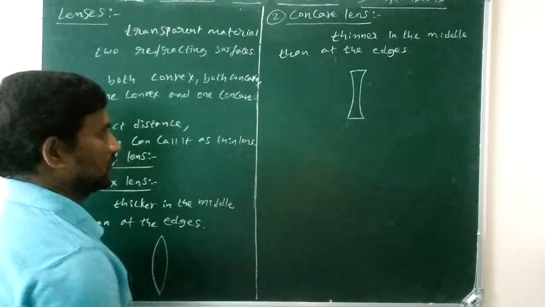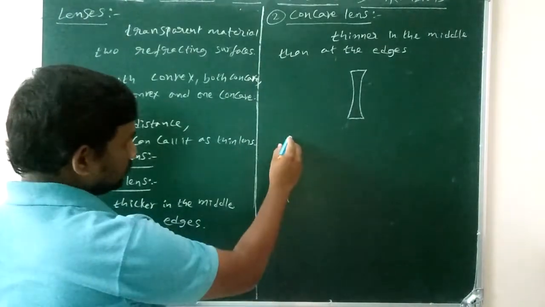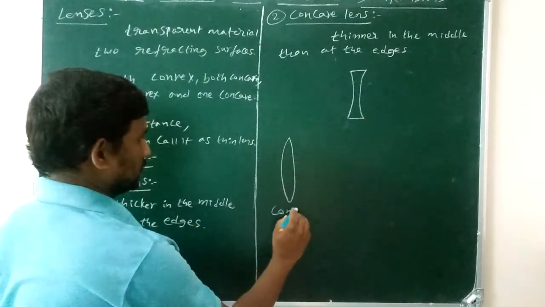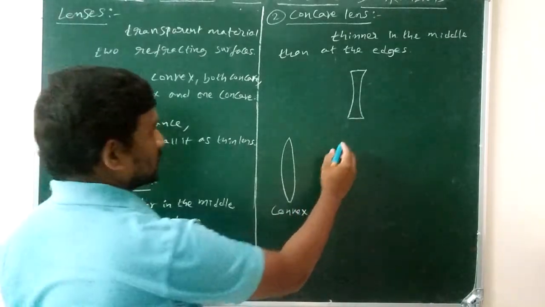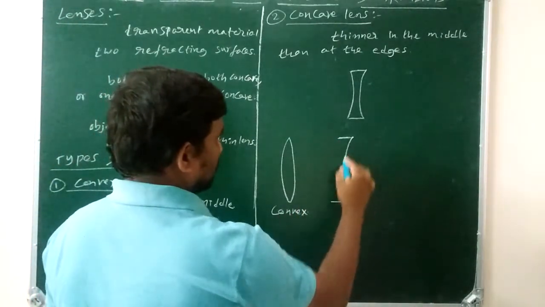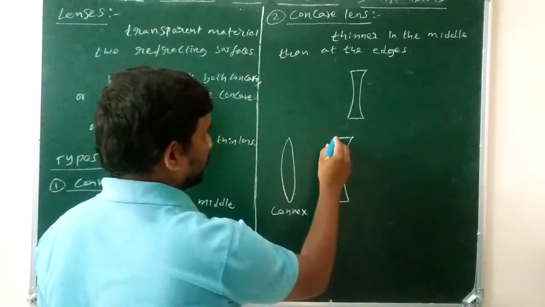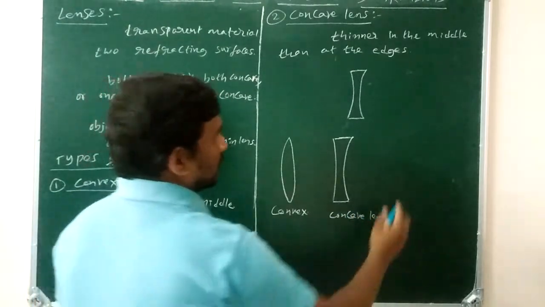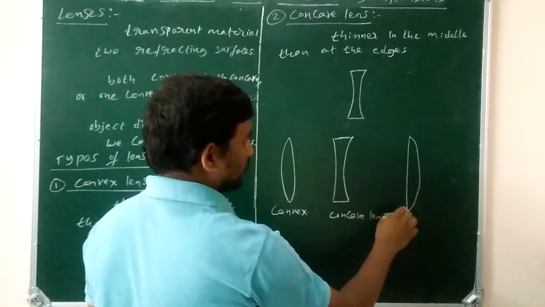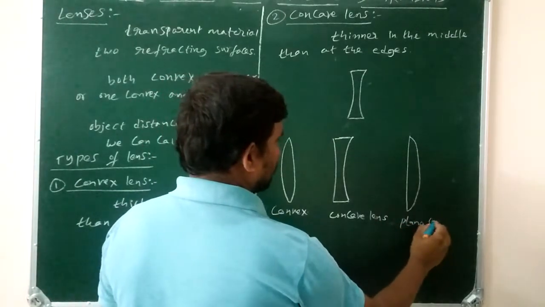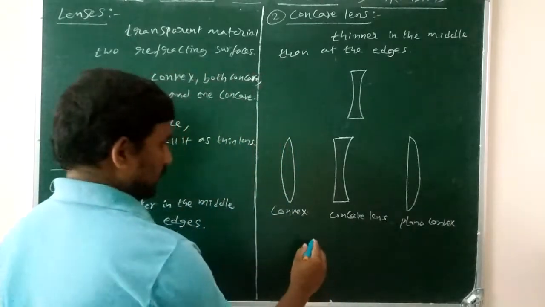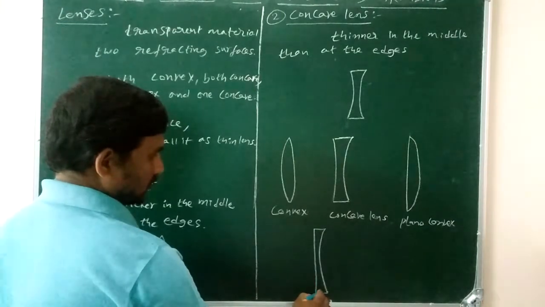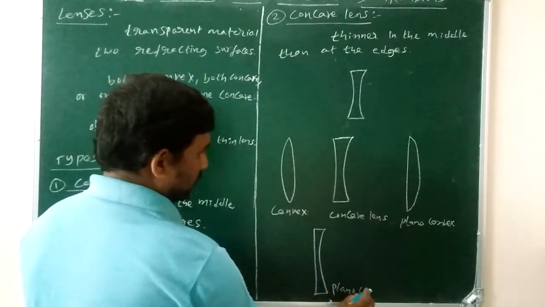Now some of the diagrams for types of lens. Okay, you know this one. This is the convex lens, and this is the concave lens, and this is called plano convex lens, and next one, this is called plano concave lens.